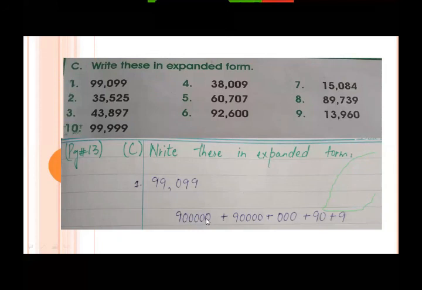There is an extra comma put by mistake, sorry for that. Then put an addition sign. 9 is at the place of 1,000, we put 3 zeros with 9. Here's mistake 2. Then 0 is at the place of 100. Then 9 is at the place of tens, we put 90 and then 9. In this way you do expanded form.